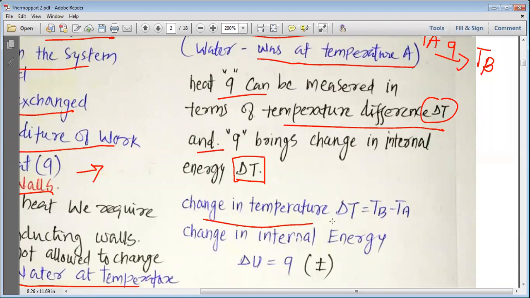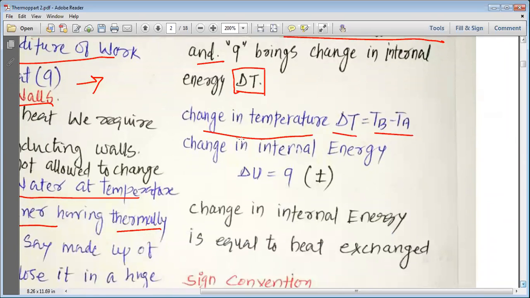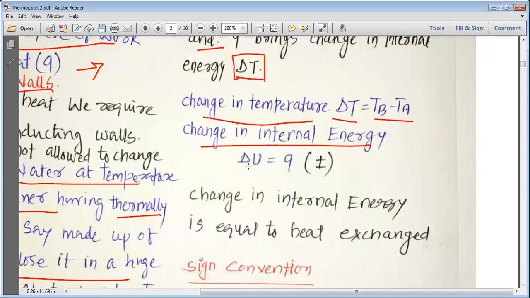Change in temperature, that is delta T, is equal to TB minus TA. Change in internal energy, delta U, is equal to Q. Your change in internal energy delta U is equal to Q, that is plus or minus. So the value of Q can be plus, the value of Q can be minus, my dear students.